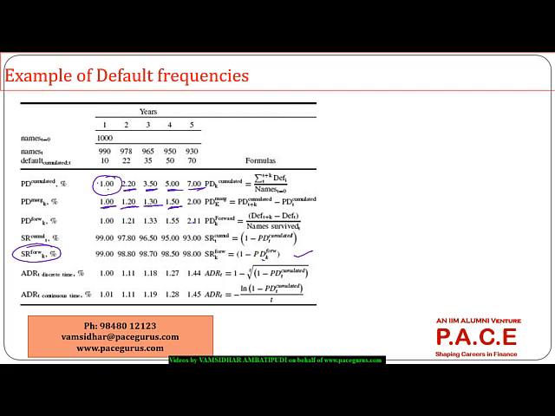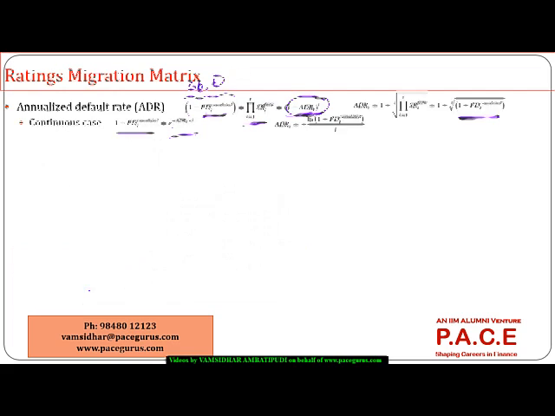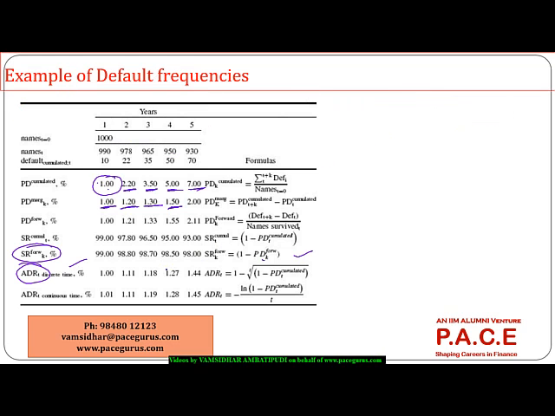So that is what gives me the survival rate, and I can very well find the annualized default rate based on discrete or continuous time, where I can use this formula directly: 1 minus the t-th root of 1 minus the cumulative probability of default.